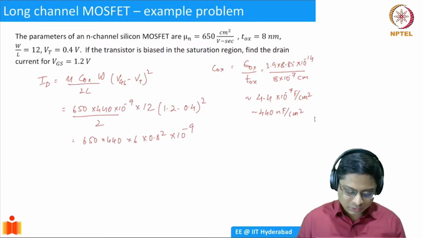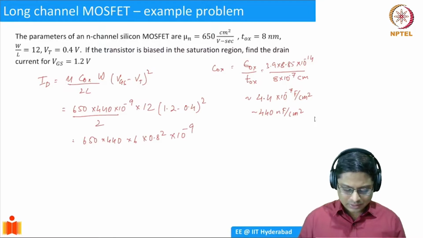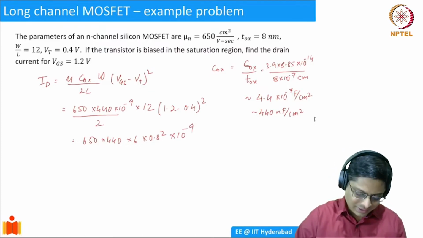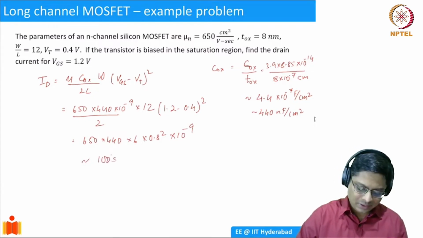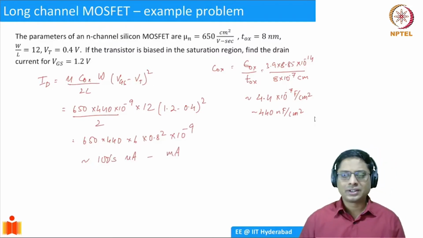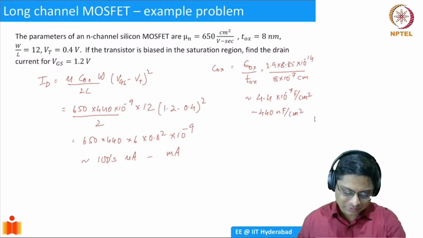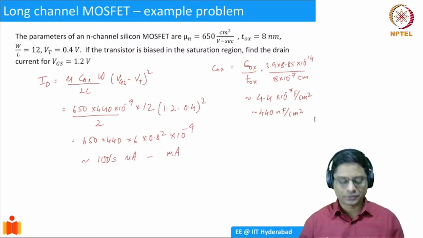Well, it will be 6 into 4, 24 into 6. When you calculate, it will be something in the range of hundreds of microamps to milliamps. You'll just substitute and check this out. I'm not very sure how much is the number, and there's no point in me taking a calculator and trying to do it. So this is a typical number for a MOSFET.